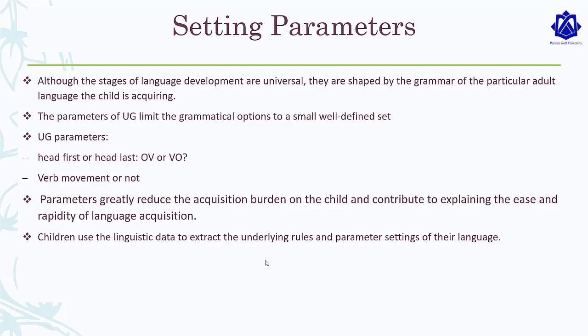And how do children do that? They use the linguistic data that they are exposed to, and they extract the underlying rules and the parameter settings in their language, and they use them.